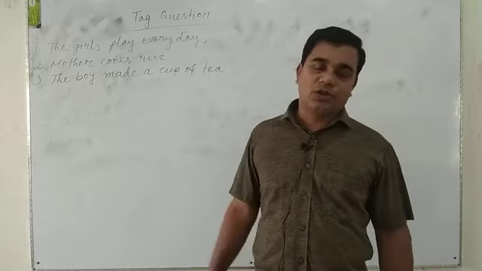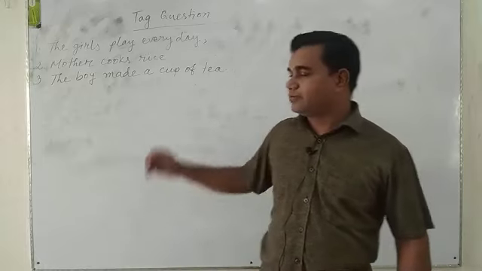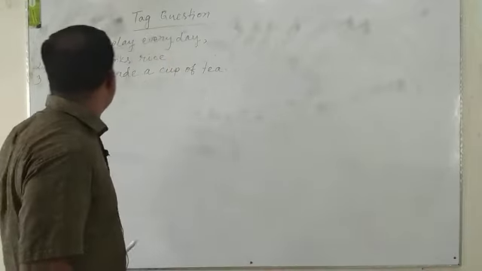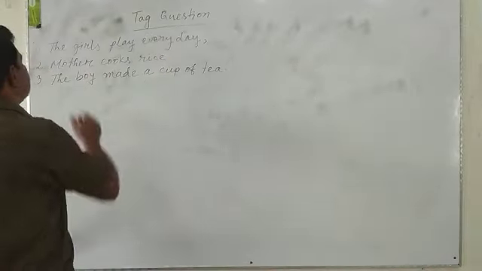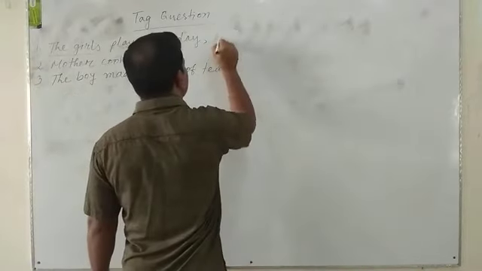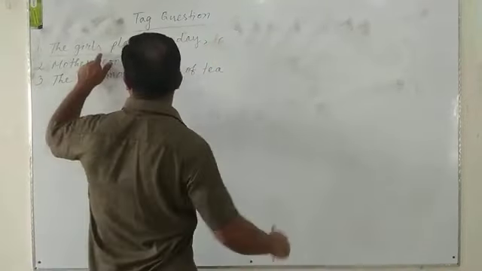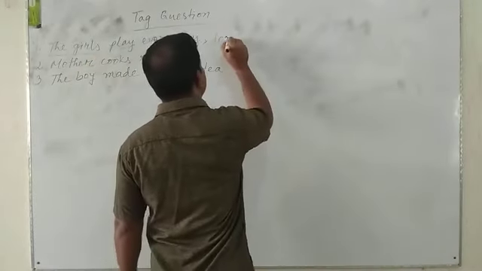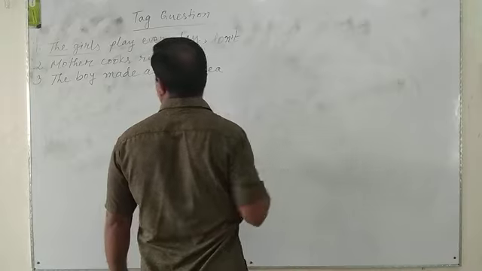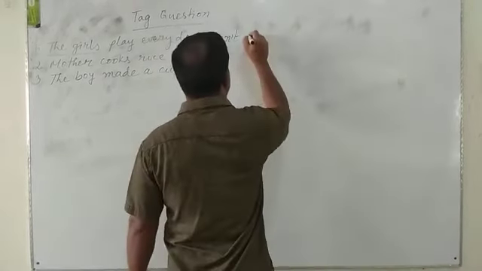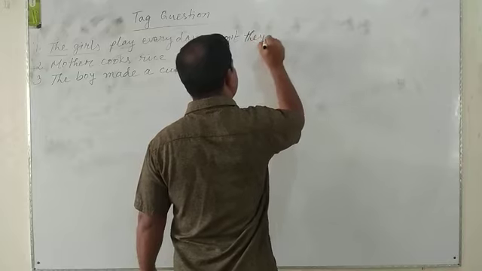The operators or auxiliary verbs will follow the subject, the form of the subject, singular or plural. So, here it is a plural subject, we have to use do, and the sentence is in affirmative form, so we have to use not in the short form. The girls play every day, don't they?